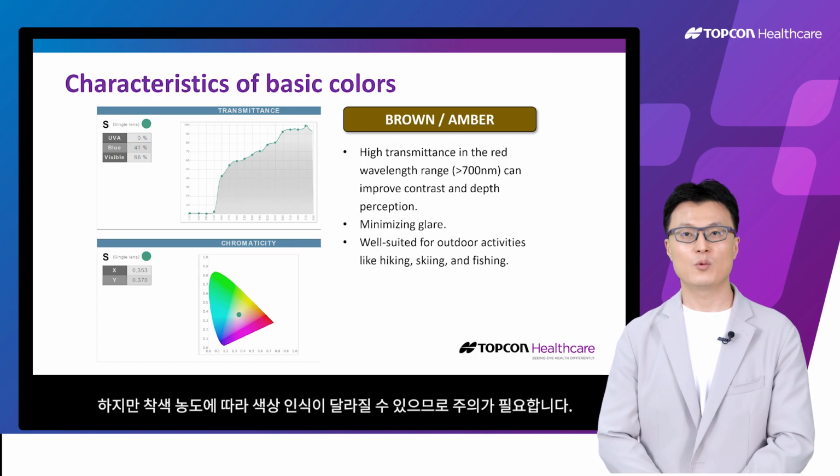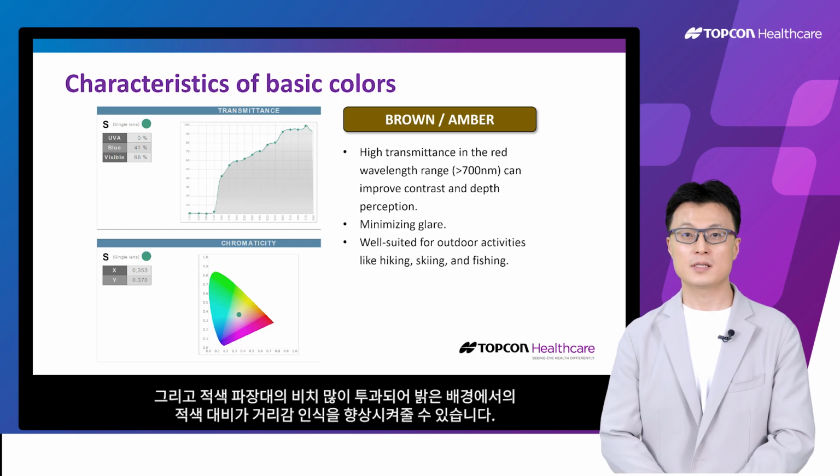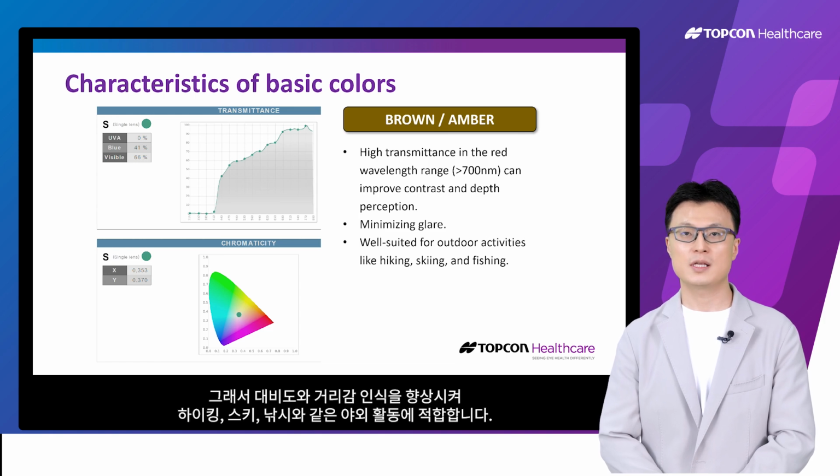However, be aware that color perception can change depending on how dark the tint is. These lenses also let more red wavelengths pass through, which can boost distance perception by highlighting red contrast against a bright background. Because of these benefits, brown and amber are a great choice for outdoor activities like hiking, skiing, and fishing.